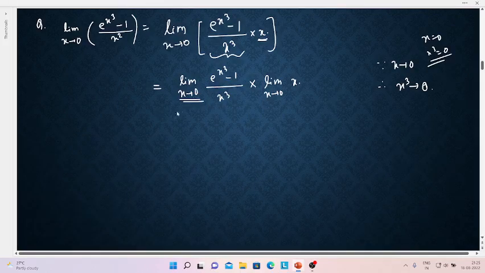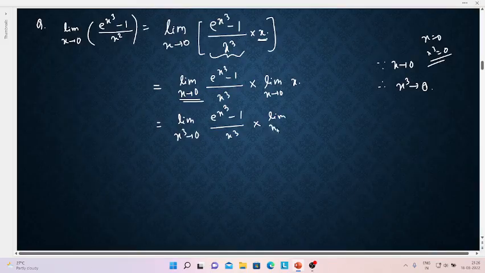So we can write x tending to 0 as x cube tending to 0, and that function can be written as (e to the power x cube minus 1) upon x cube, and the other part as limit x tending to 0 of x. Here you can see that the first part is actually 1, because this is of the form limit t tending to 0 of (e to the power t minus 1) upon t, whose value is 1. And can you tell me what will be the value of the other part?